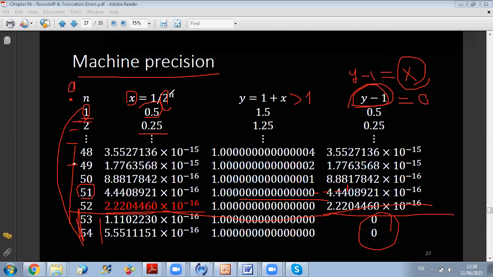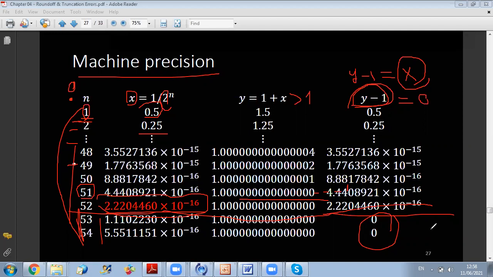If I read the 52 digits after the decimal in binary, it's equivalent in the decimal system to 2.220446 times 10 to the power minus 16. So this is the order of accuracy I can have in case my computer is able to read 52 digits in binary base. If I increase the number of digits after this, I cannot read anymore.